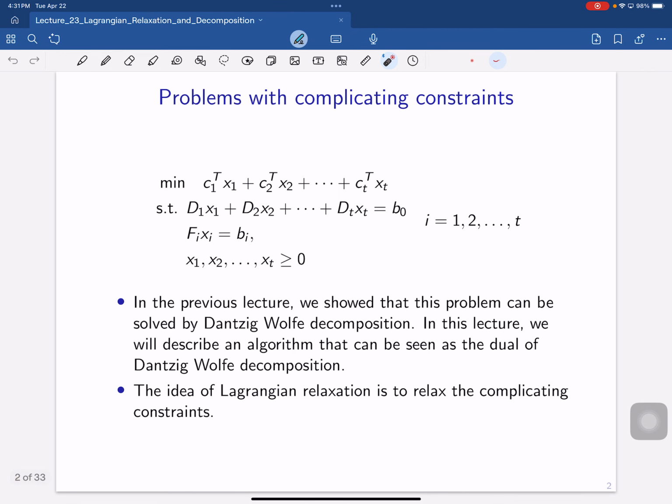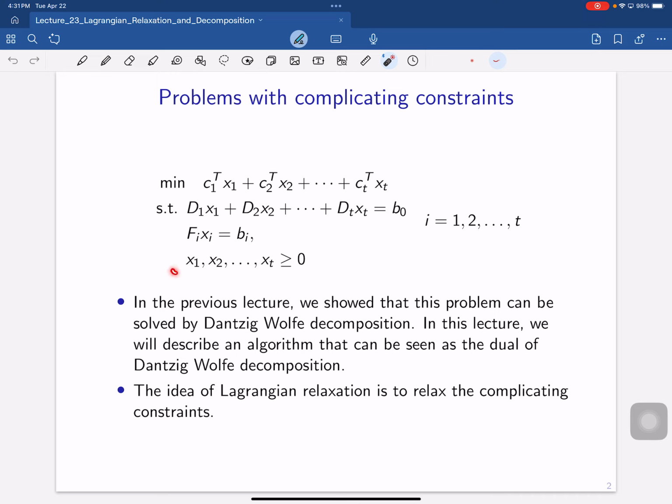The other connection with the previous lecture is with Dantzig-Wolfe decomposition. They are both targeting problems with so-called complicating constraints. If you remember from the previous lecture last Thursday, we discussed something called Dantzig-Wolfe decomposition. It's related to column generation, where you have, let's say, x1, x2, up to xt.